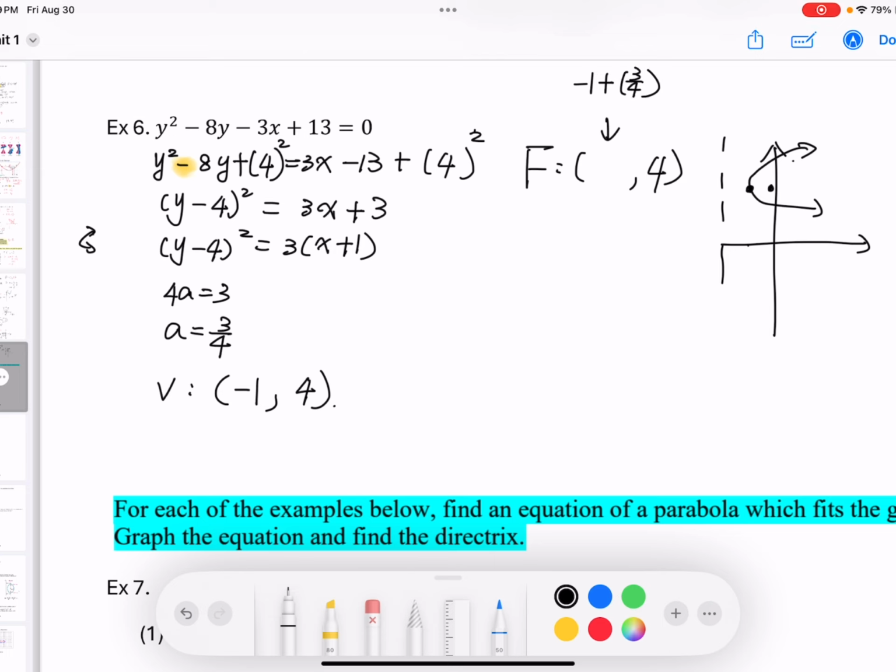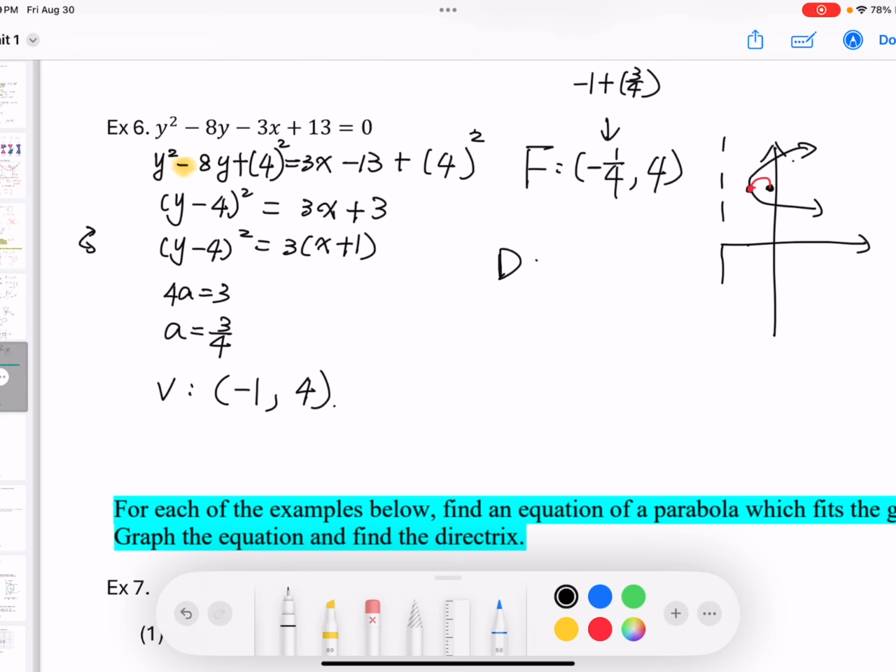So we do the addition and we have -1/4. Okay, looks very good. You can also use your method: find the absolute value of a, which is 3 over 4, and based on my vertex, move to the right 3 over 4 unit, and we have the same solution. And then let's find the directrix.